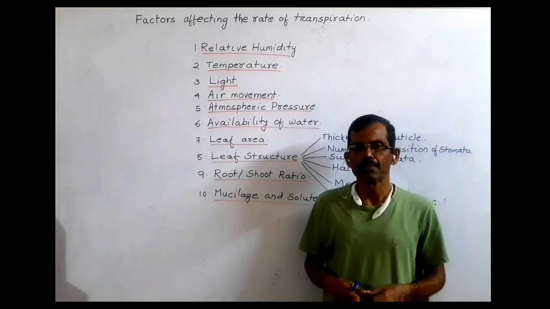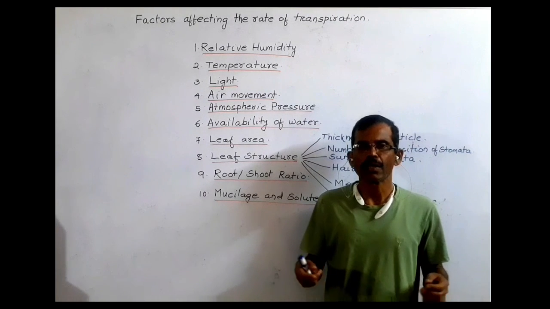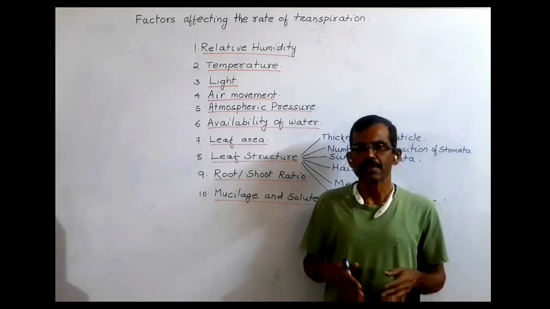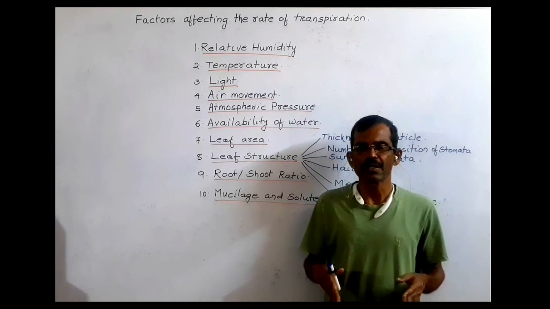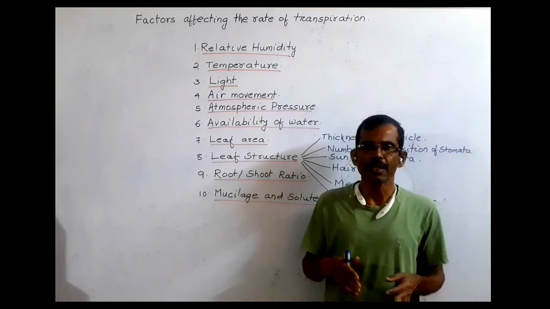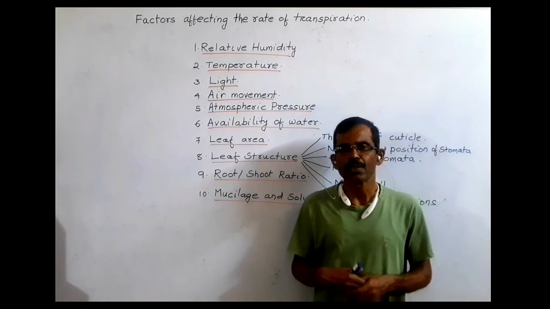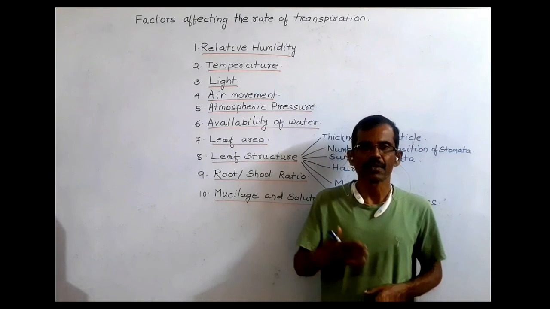At the same time, the substomatal air space gets saturated with water vapor. So the concentration of vapor pressure in the substomatal air space becomes greater than the amount of water vapor present in the atmosphere. So there is a vapor pressure gradient.